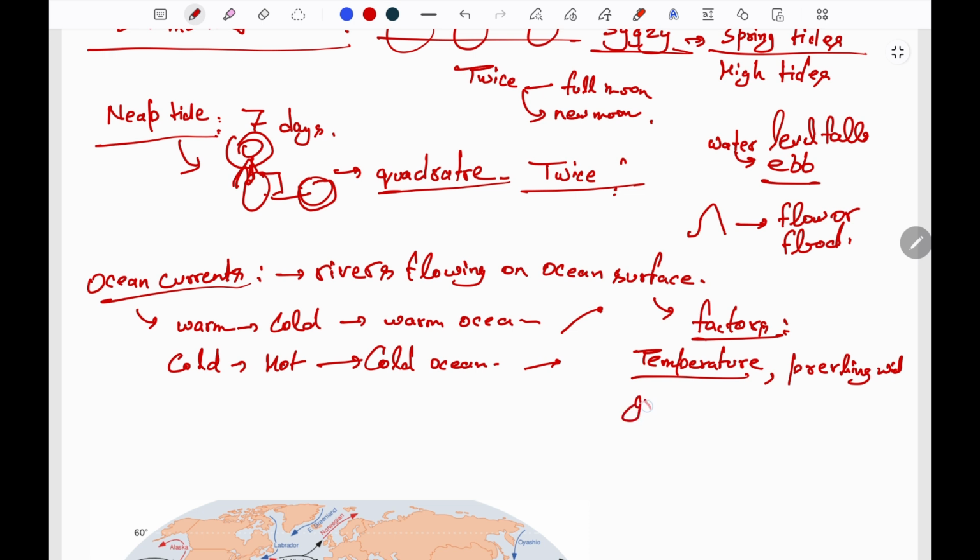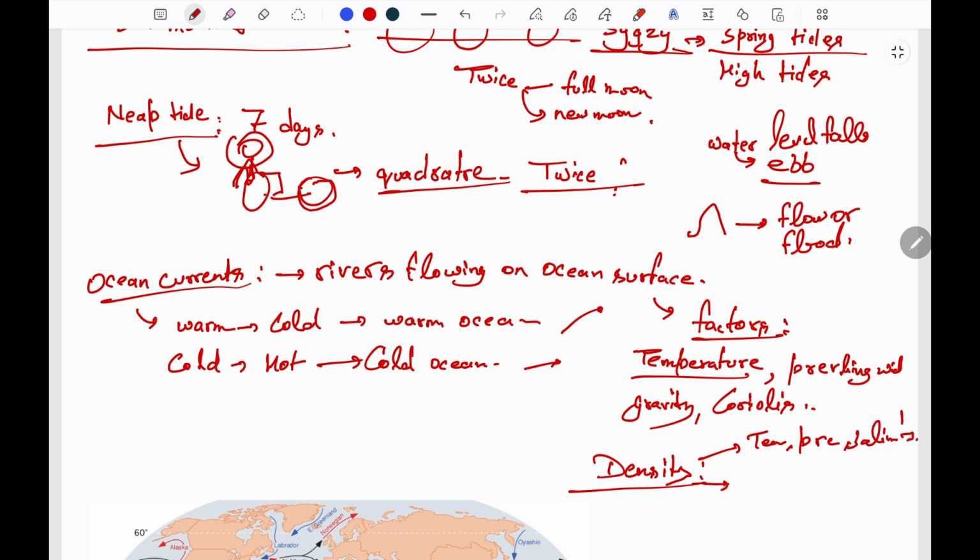Fourth one is gravity, and fifth one is Coriolis force. And density is also a factor that is responsible for movement of the ocean current. Density is a function of salinity, temperature, and pressure.